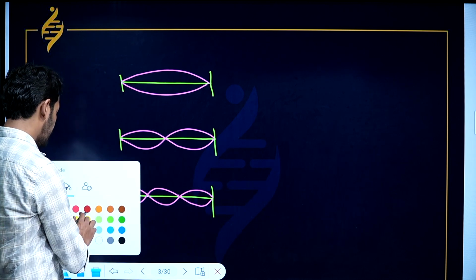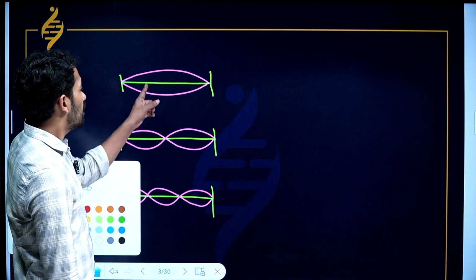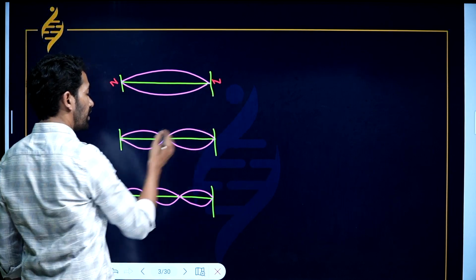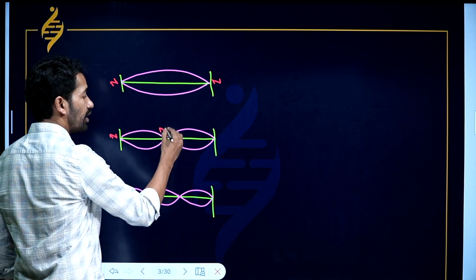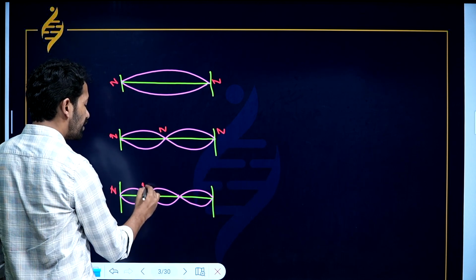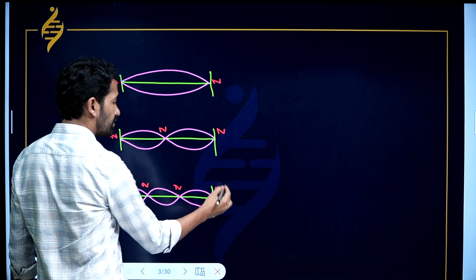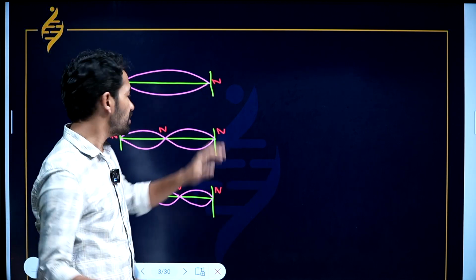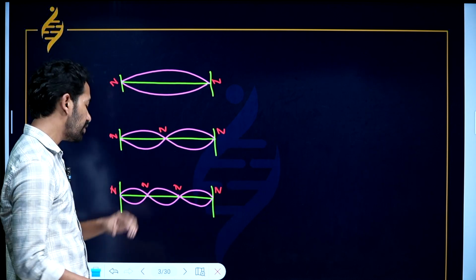Okay, let's see. Now how many nodes I am having here? Node, node. How many nodes I am having here? Node, node, node. Correct? Now again here I am having 1, 2, 3 and 4 nodes. So in the case of first mode, mode 1, I am having 2 nodes. Here I am having 3 nodes. Here I am having 4 nodes.